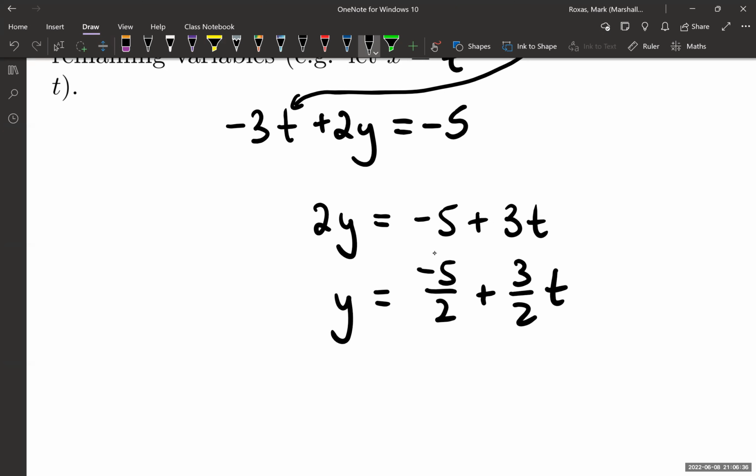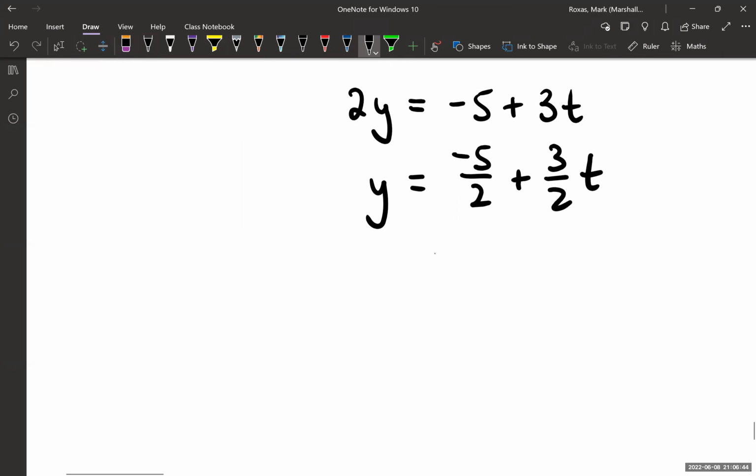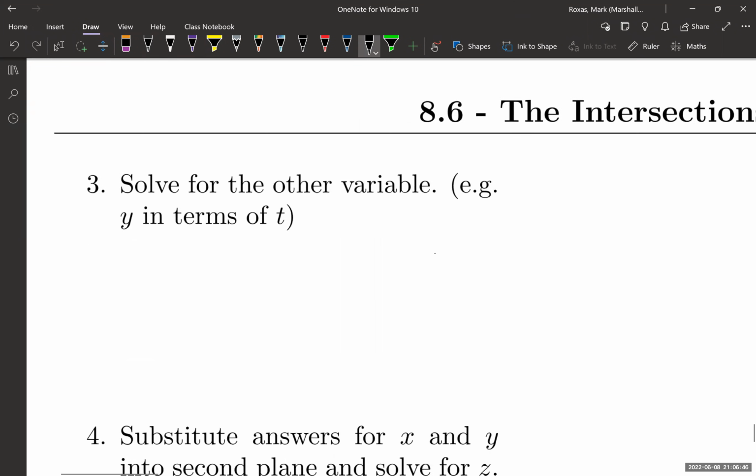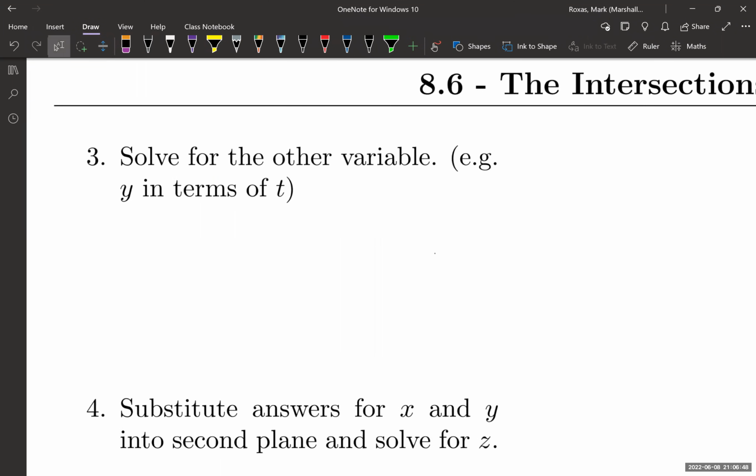There we go. We now have a parametric equation for y. That was step 3, and I don't think I wrote it here. So solve for the other variable, step 3, so we did. Let me write step 3 again: y equals negative 5 over 2 plus 3 over 2t.